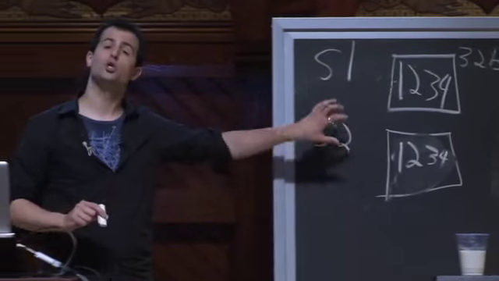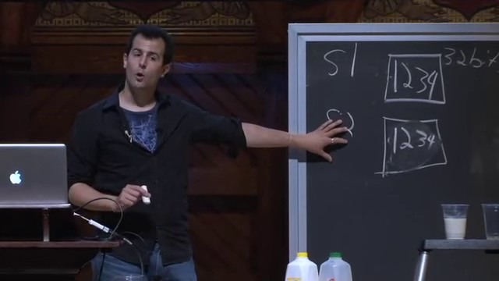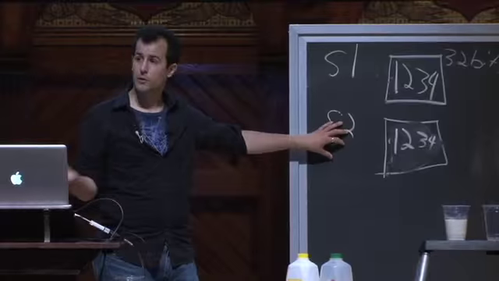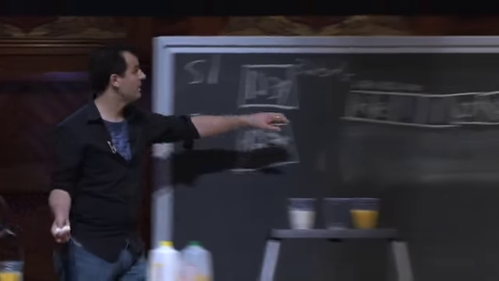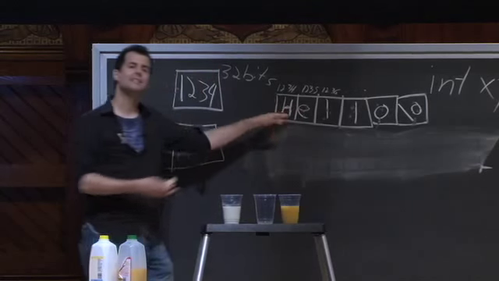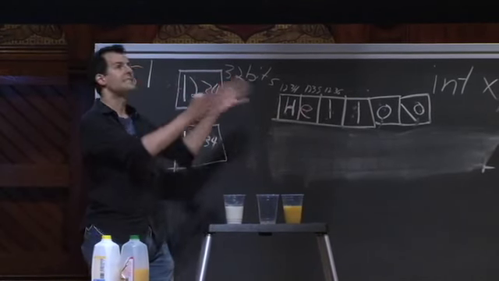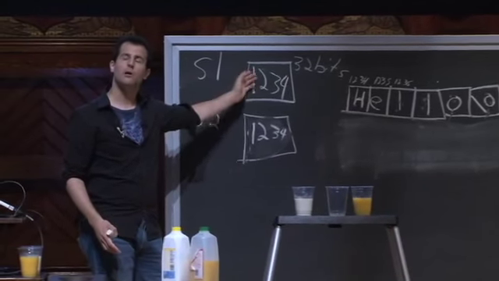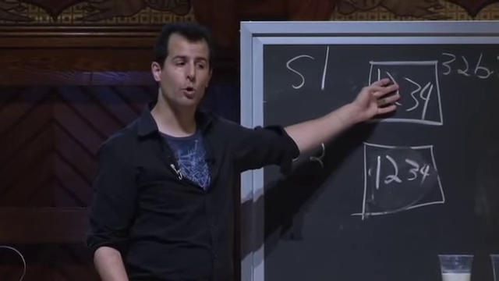So when I go to S2, bracket 0 is at what memory address? 1, 2, 3, 4. Where is that on the board? Well, it's over here. So what did I change the h to? A capital H. But wait a minute, that's the exact same chunk of memory that represents the S1 string. It just so happens that now I do have copies, but copies of the pointer, not copies of the whole string.